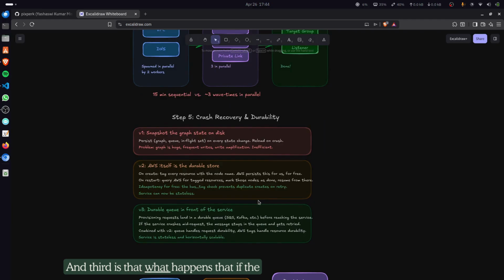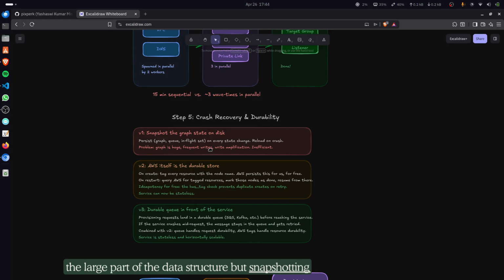And third is what happens if the graph is still being processed, that means the spinning up is still going on and the server crashes. In the interview, I came up with 2 approaches. First, we snapshot the graph on disk and remove the large part of the data structure.